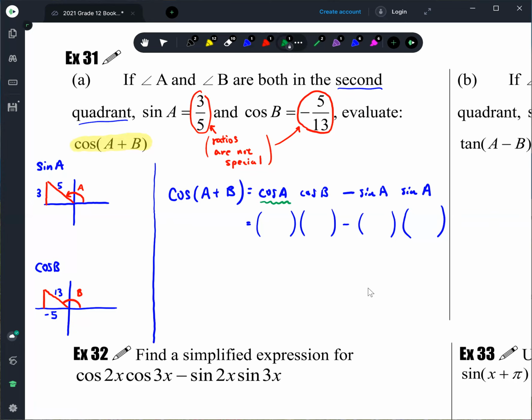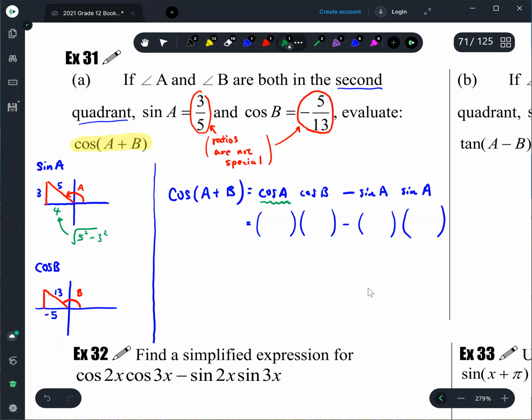Yeah, isn't the adjacent 4? Adjacent is 4. How did you find that? Pythagoras theorem. Very good. What did you do? Can you tell us? 5 squared minus 3 squared, and then square root. So equal to square root of what? 16. Okay, very good.